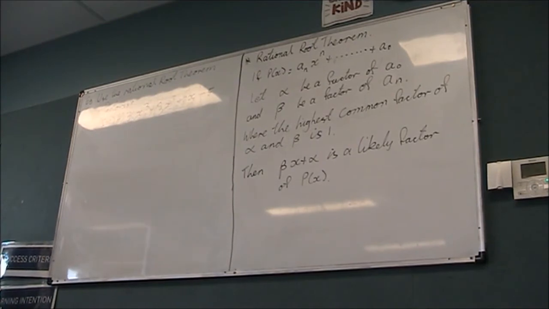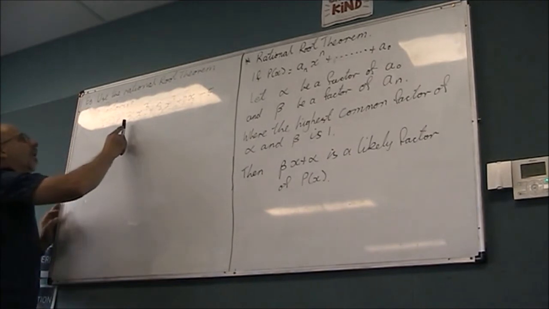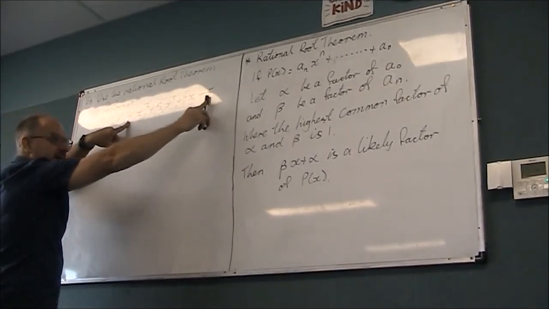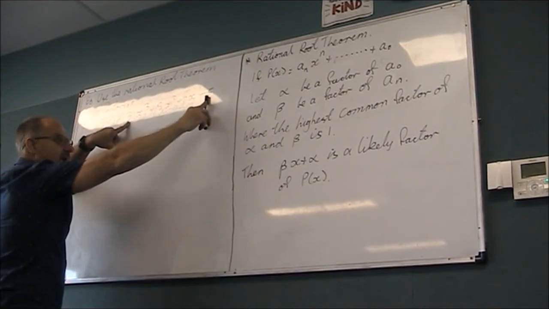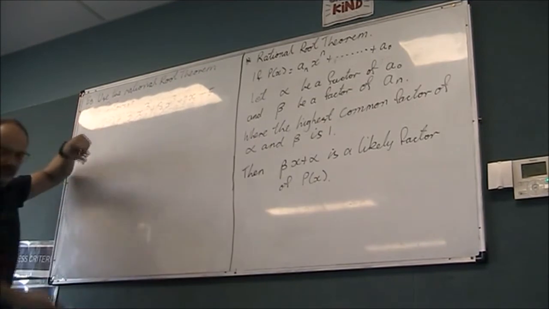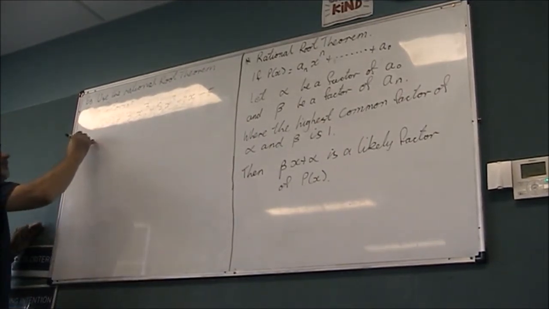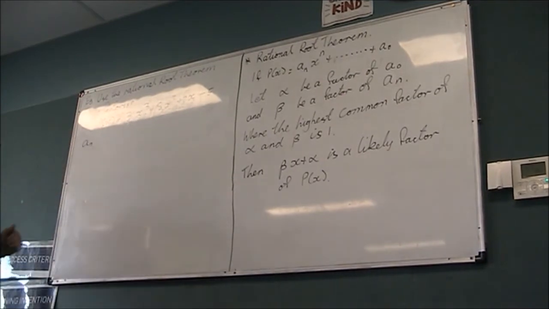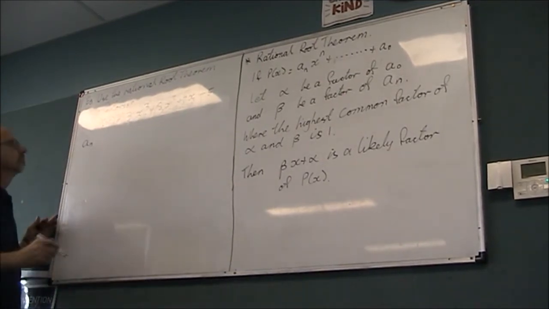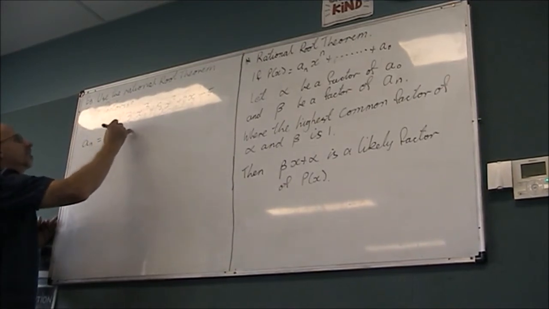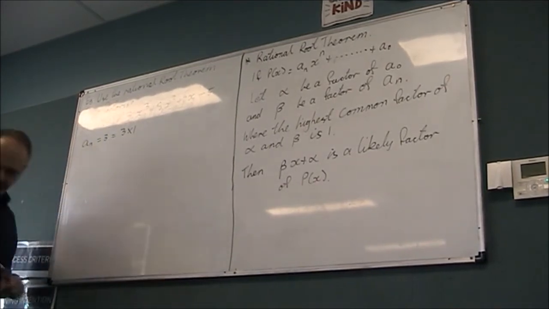Alright, so rational root theorem to factorise. The rational root theorem says we need to look at the first coefficient and our number on the end, and we need to look at factors of those things. So, the number at the front, a_n, is equal to 3, which is 3 times 1.